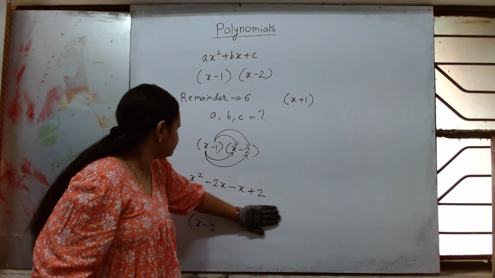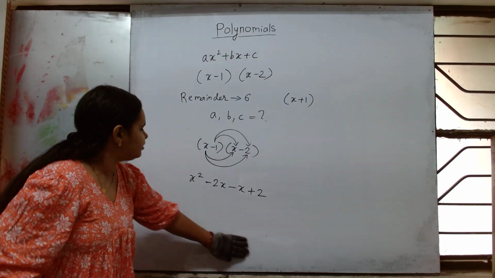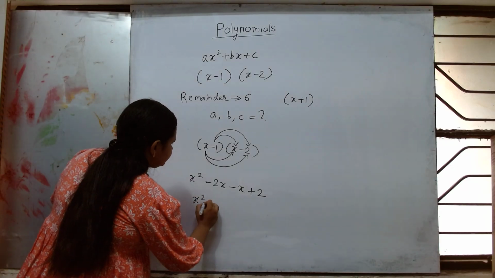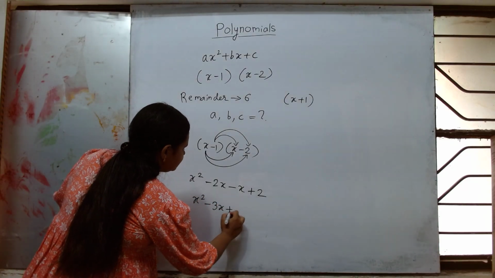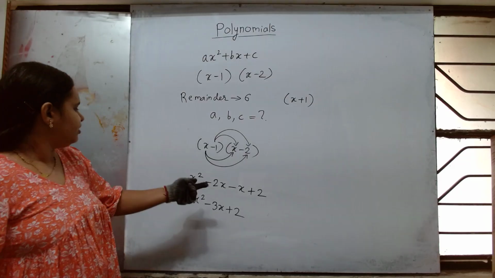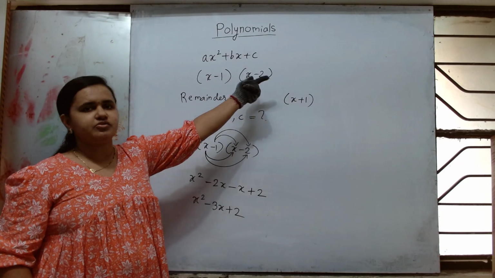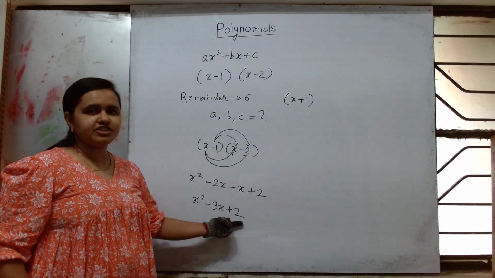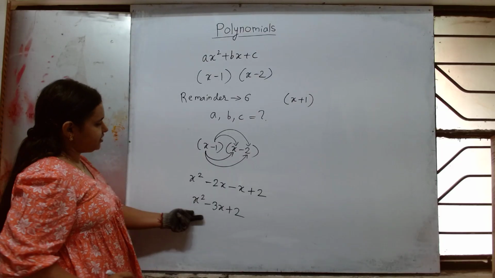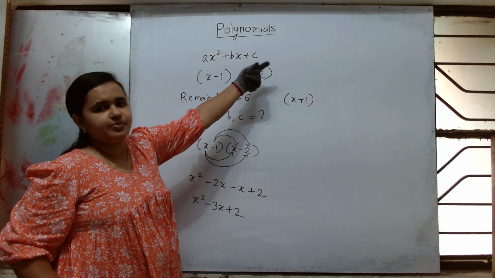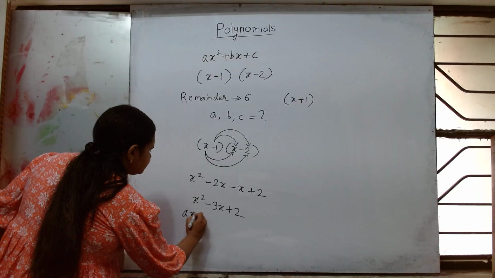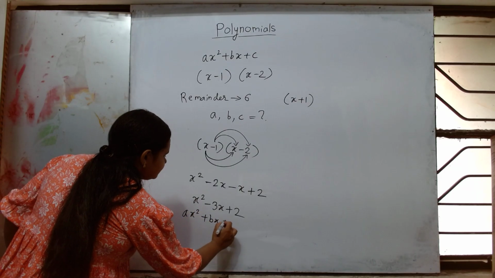No, we don't have to calculate factors. We have to solve this. x square minus 3x plus 2. So from these factors x minus 1, x minus 2, we have got the expression. The expression given was ax square plus bx plus c.